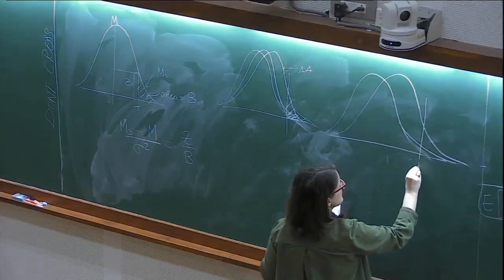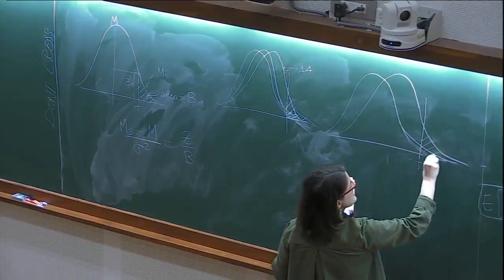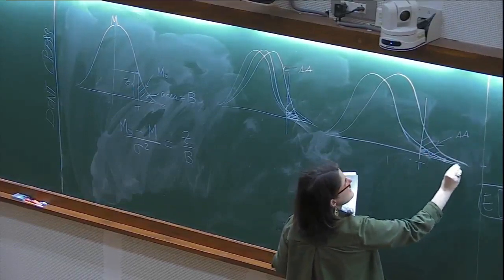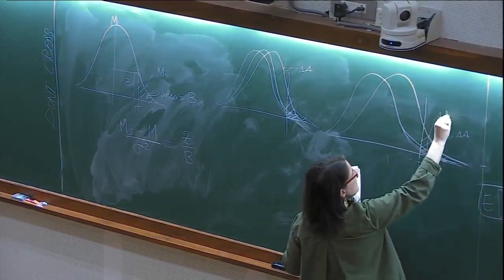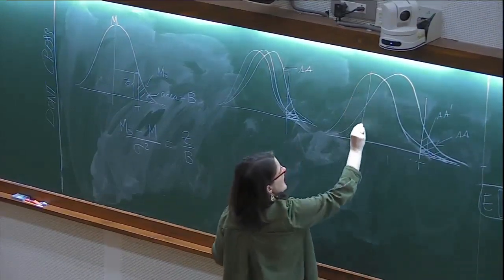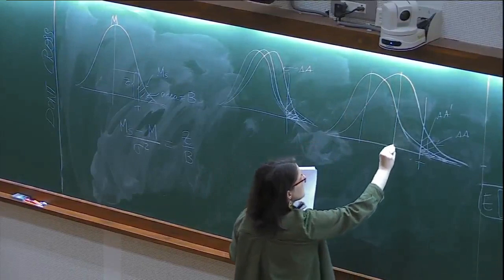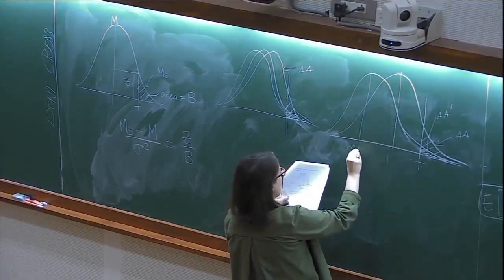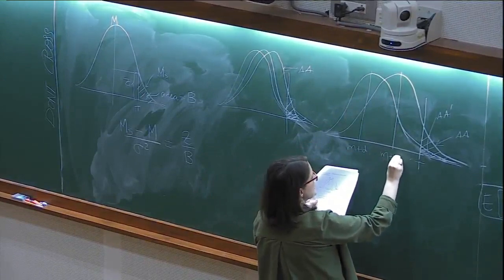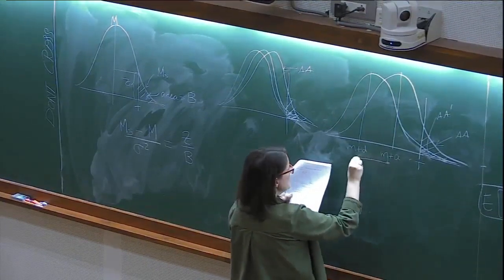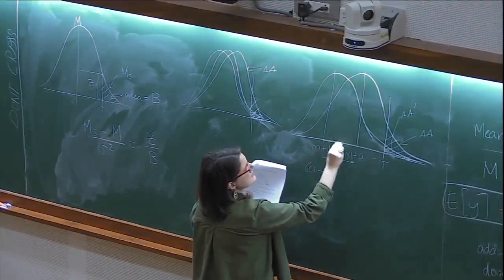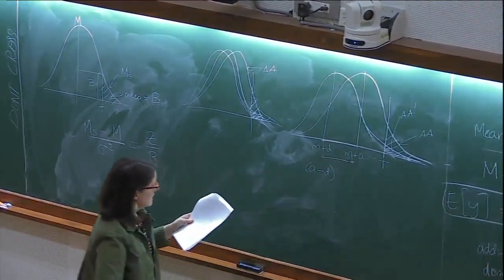Here's T. So I have a piece this big of the AAs and a piece that big of the AA primes. And the difference between the two means, and I've exaggerated it quite a bit, this is M plus D, and this is M plus A, and so the distance between the two of them is the difference between that, so it's A minus D. So that's this distance.